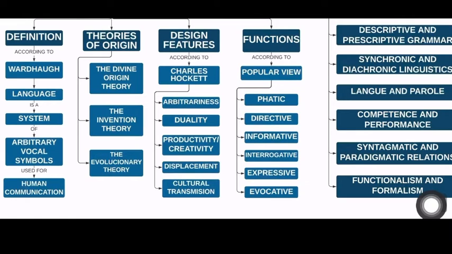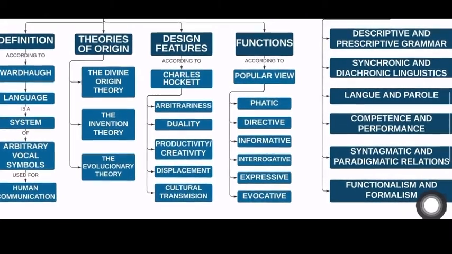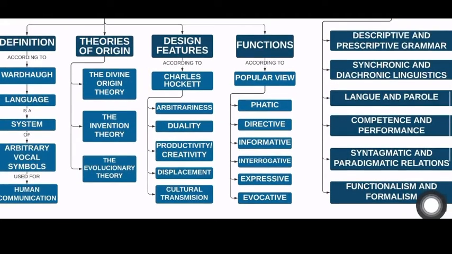Functions of language. According to popular view, language has at least 7 basic functions that serve people's daily communication. 1. Pathic function. Pathic function is the function to establish communion with others. 2.